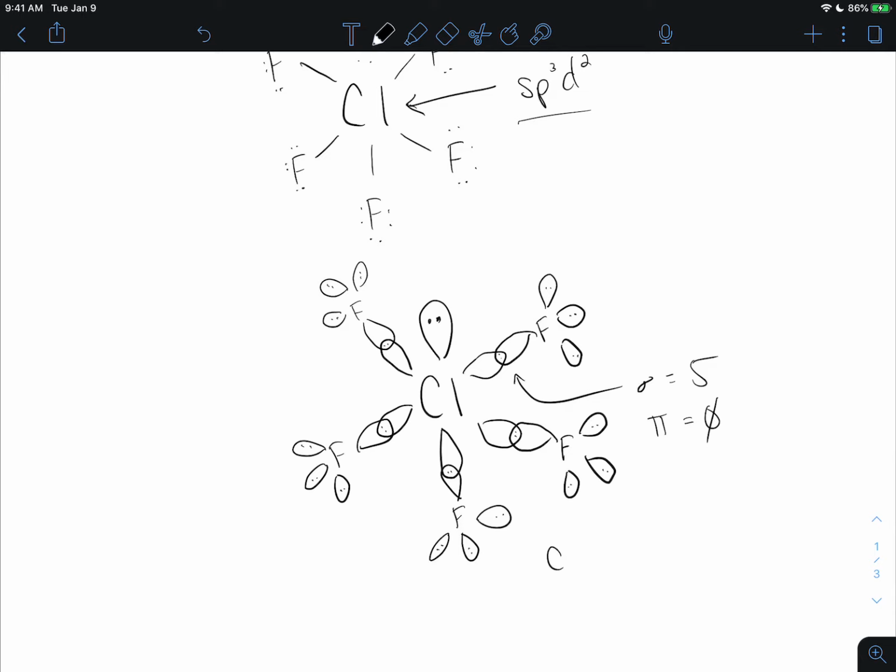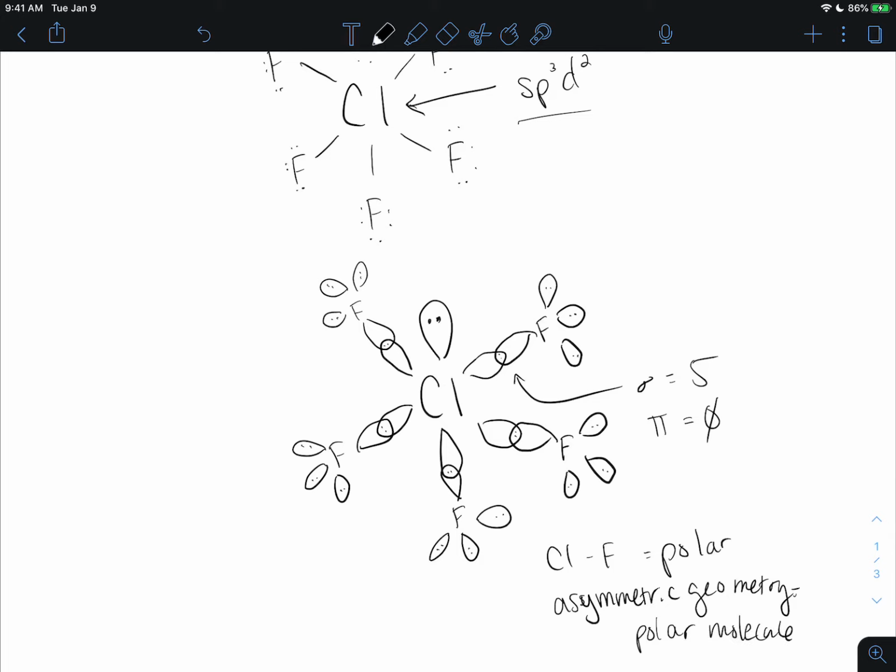So a chlorine-fluorine bond is polar. And because we have an asymmetric geometry, we have a polar molecule. So polar bonds and polar molecule.